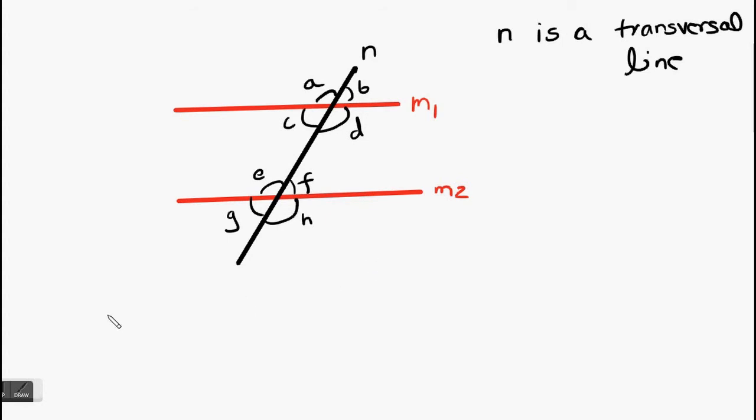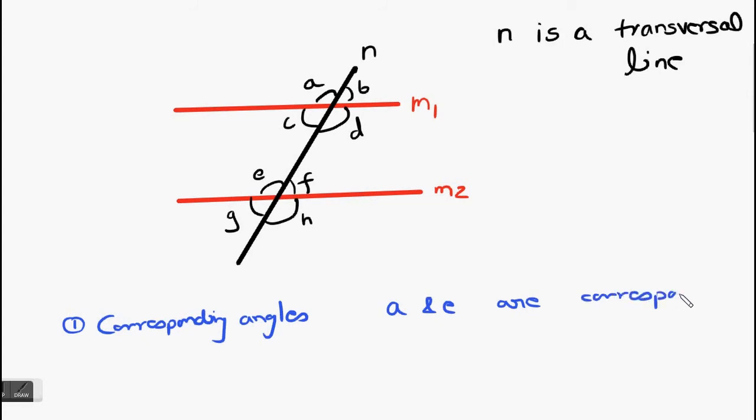So the first angle that we are going to cover is corresponding angles. What are corresponding angles? A and E are corresponding angles because A and E are both on the same side of the parallel lines. M1 and M2 are parallel lines.